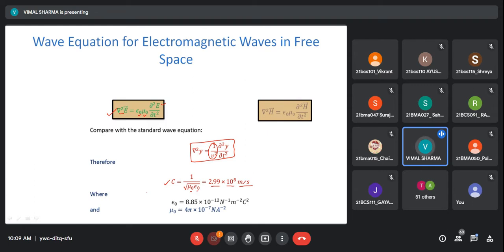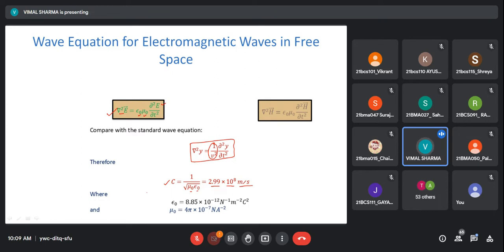Today, we'll be writing similar wave equations for both the electric and magnetic components of an electromagnetic wave. But now the wave is not traveling in free space or vacuum, it is traveling through a medium with defined properties.